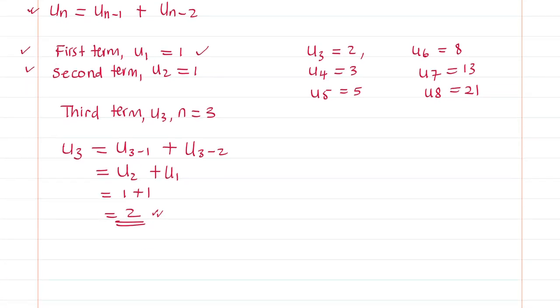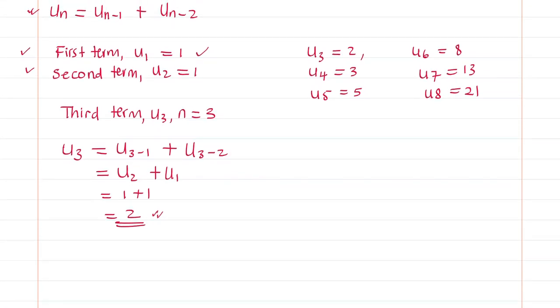What about our fourth term? Our fourth term, u4, let me write here fourth term. Our n here must be 4, right? So you just come to this formula. Where you see n, you put 4. That was our u3.